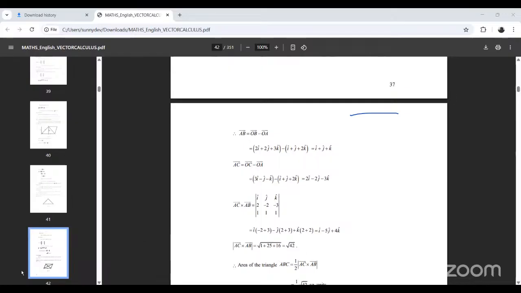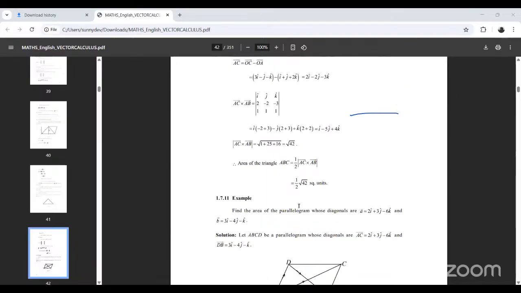Then the area of the triangle is half into AB cross AC. So first we need to find AC cross AB, and we get one vector. Again we find the magnitude, so we get a scalar. So half into under root of 42. And this is a very important question from the examination point of view.